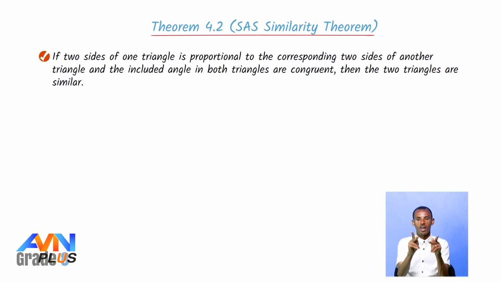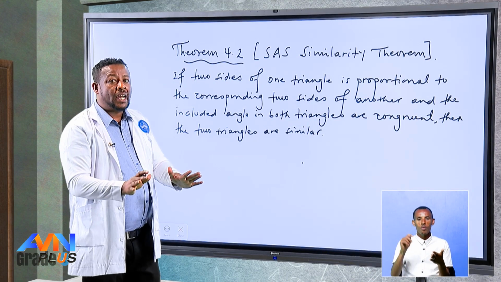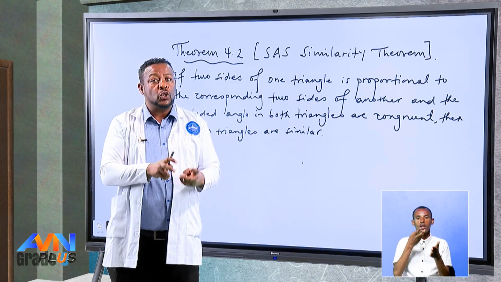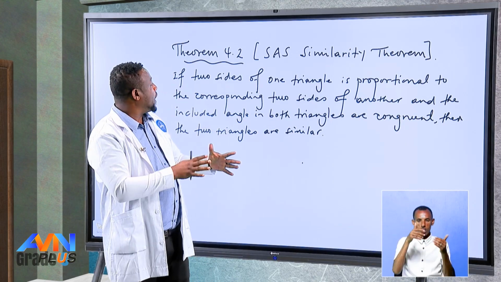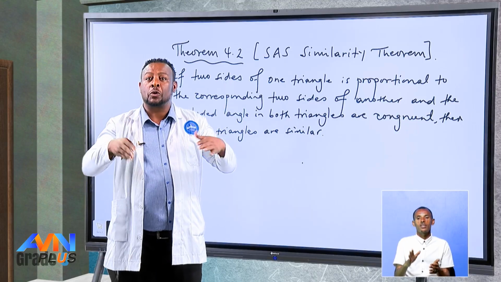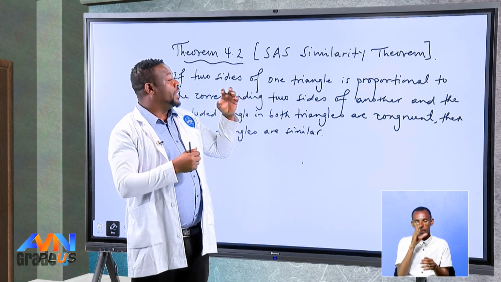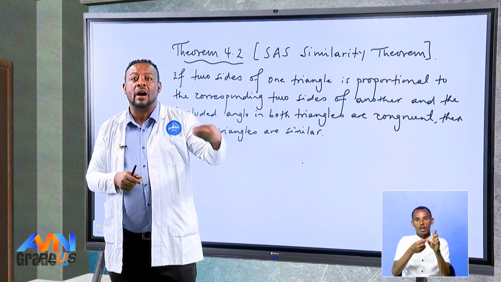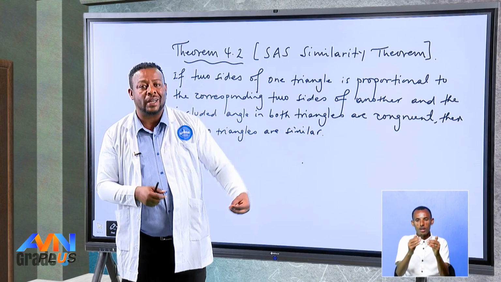Okay, here in this theorem, we understand that we need to have two corresponding sides that are proportional, and the included angle in both triangles are congruent, right? To say the two triangles are similar.